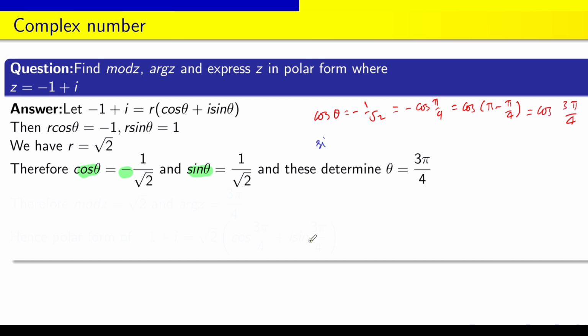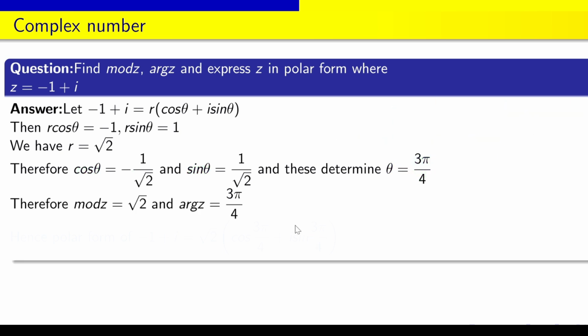Now from the relation sin theta is equal to 1 by root 2, 1 by root 2 is sin pi by 4, and sin pi by 4 can be written as sin of pi minus pi by 4, so this is equal to sin of 3 pi by 4. So from both calculations, cos theta is equal to cos 3 pi by 4, that means theta is equal to 3 pi by 4, and sin theta is equal to sin 3 pi by 4, that means theta is equal to 3 pi by 4. From both relations we are getting theta is equal to 3 pi by 4.